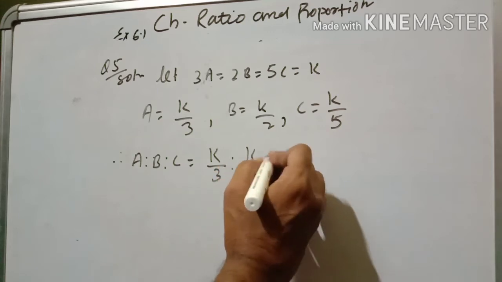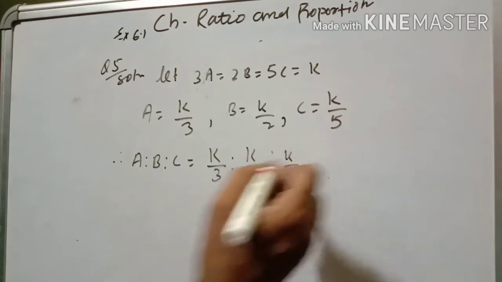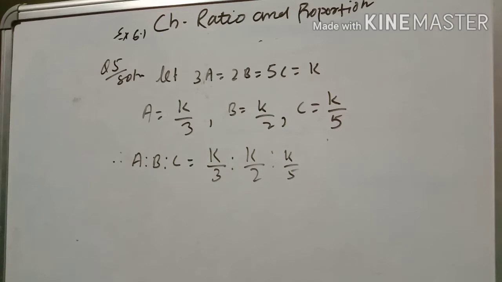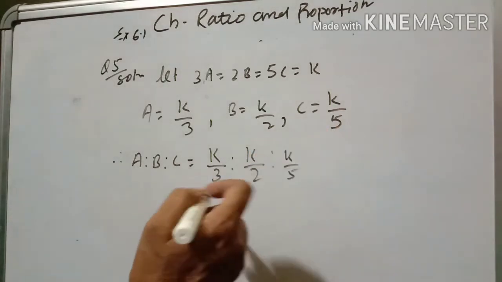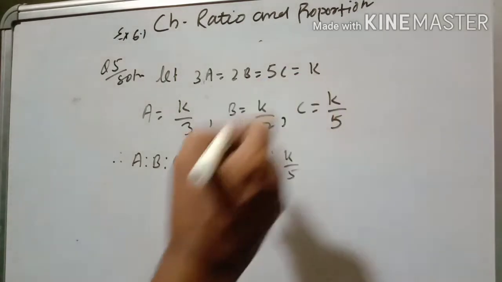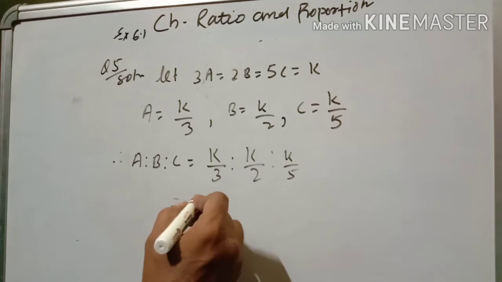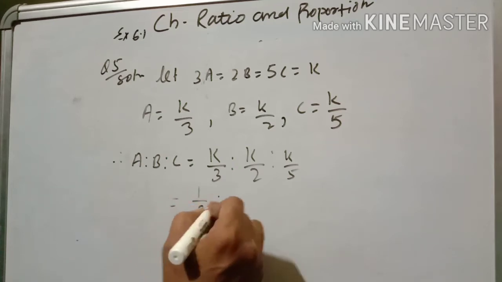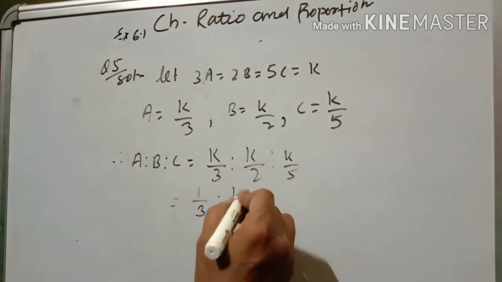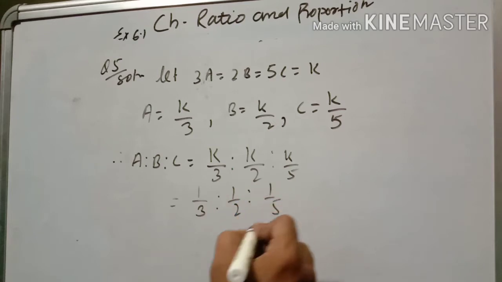So therefore I can write A ratio B ratio C equals K by 3 ratio K by 2 ratio K by 5. K is a common factor, so it will be cancelled. So I can write 1 by 3 ratio 1 by 2 ratio 1 by 5. Take LCM.